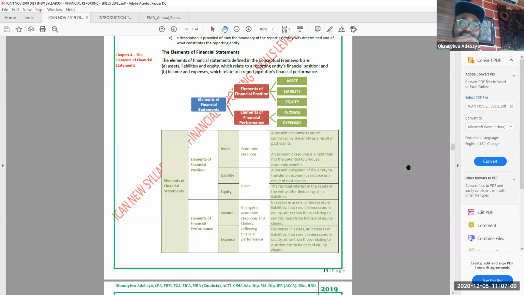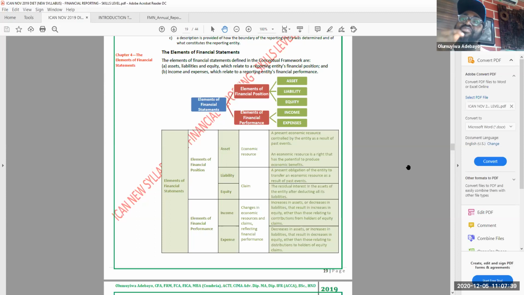Now let's start with the assets. Now, asset is not about how tangible it is. It's not about what physically we can see. It's not about physically its weight, not about physically its height, not about physically how it shines. But what matters about asset is that it constitutes both tangible and intangible.